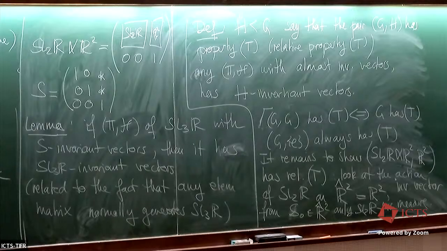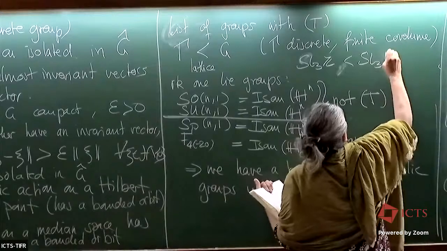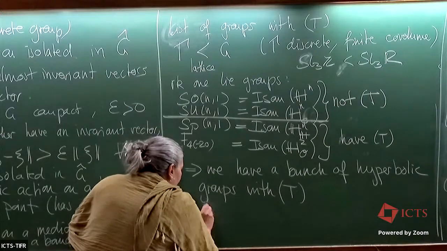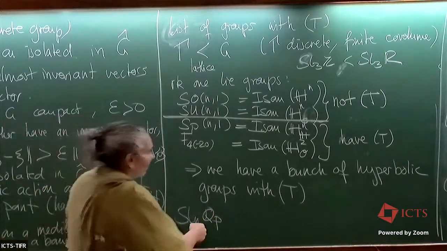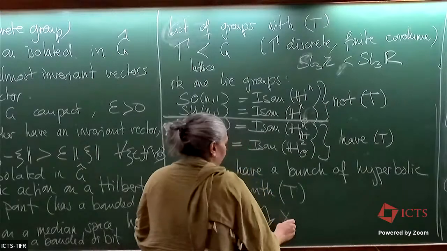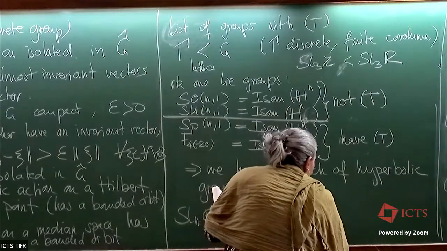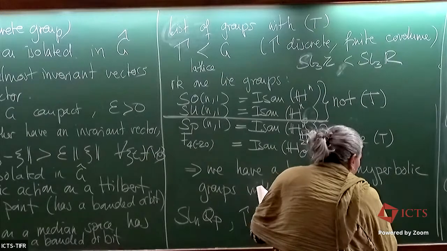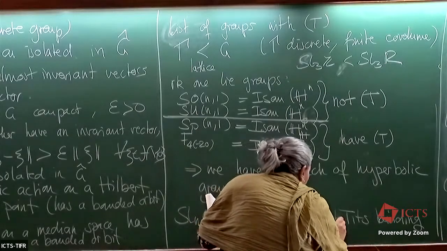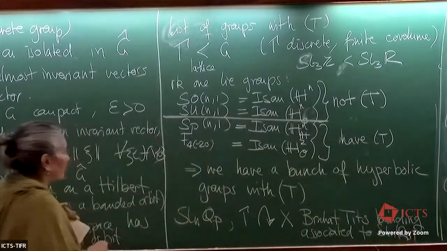Here we have SL3Z as a lattice in SL3R. And another important class of groups with property T is SLN of Qp, or Gamma acting co-compactly on X, the Bruhat-Tits building associated to SLN of Qp.